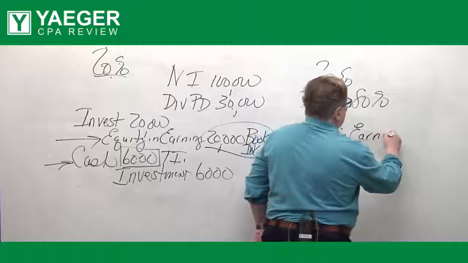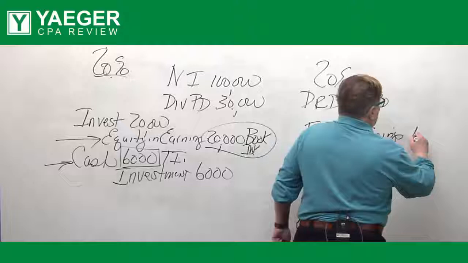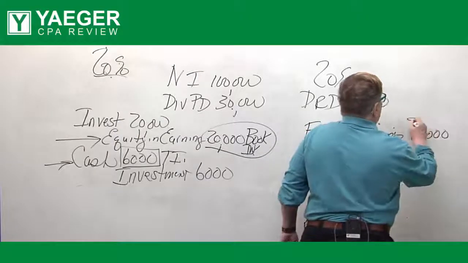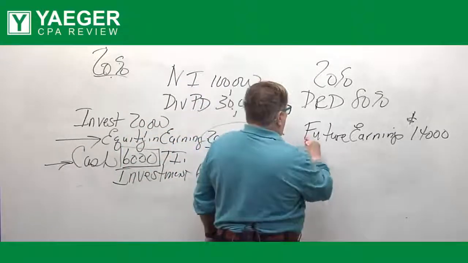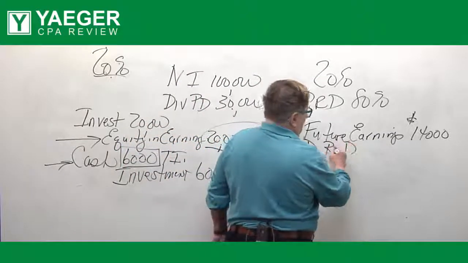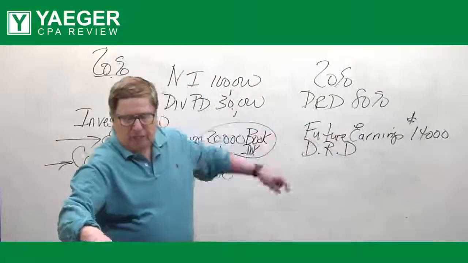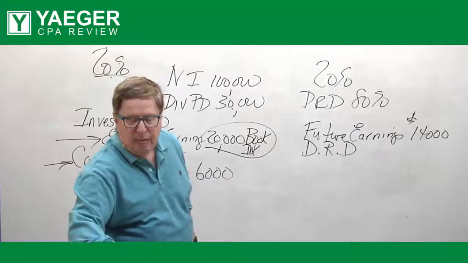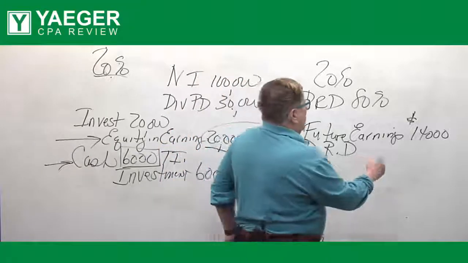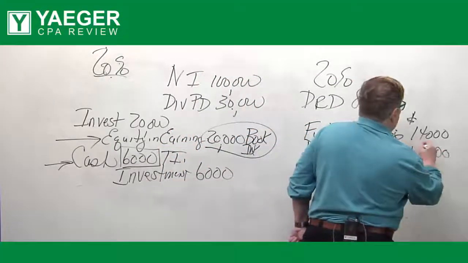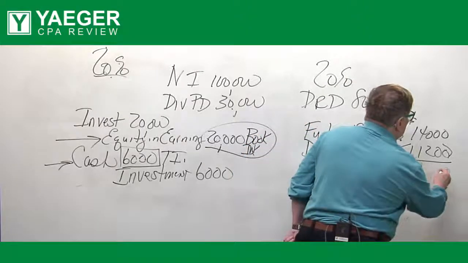Now, this is not future taxable amount, because if these are future dividends you're going to receive, these are eligible for the dividend received deduction. Now let's assume the dividend received deduction is 80% of the $14,000. So you take the $14,000 times 0.8, and you can exclude $11,200 of these dividends when you actually receive them in the future.